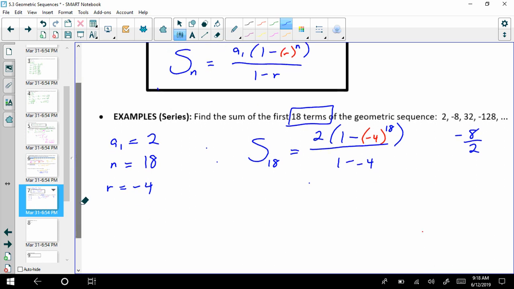So now what people ask me, if we simplify this, they'll go, hey, minus a negative is a positive, right? And I'll go, yes. So that's really just 1 plus 4. And then they'll go up here and they'll say, hey, minus a negative is a positive, right? And I'll go, no. That -4 is affected by the exponent first.